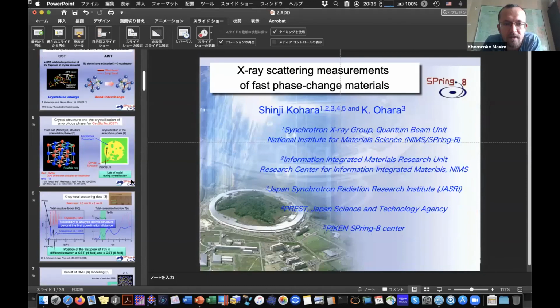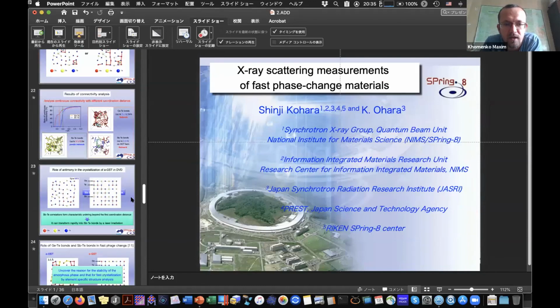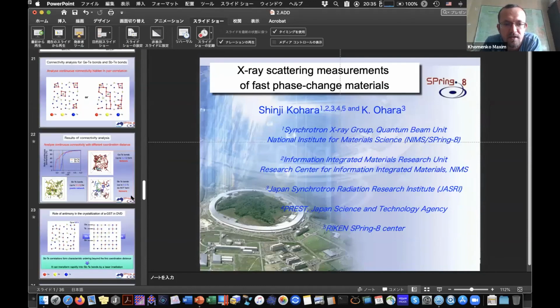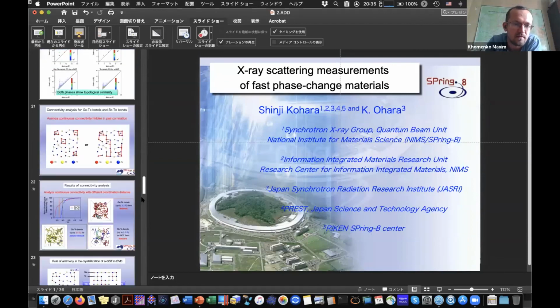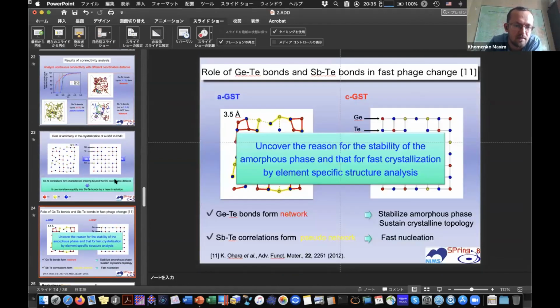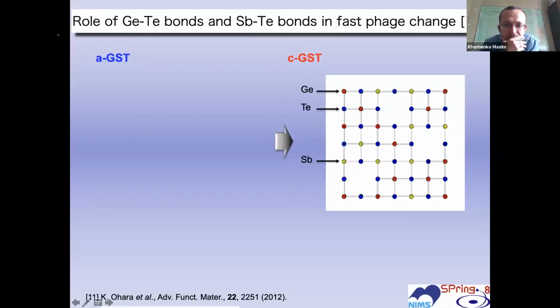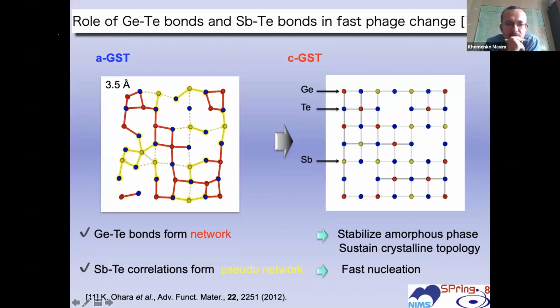So if we have a network, then we have quick crystallization. I think it's the last slide, or the previous one maybe. And the question is, do we need a network, or are the four-fold rings essential, or is it both?